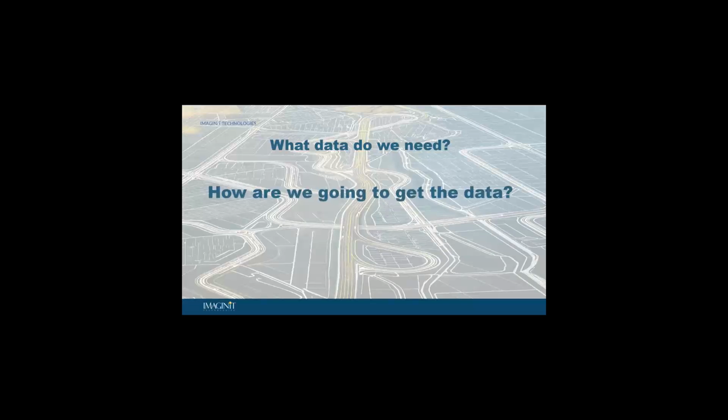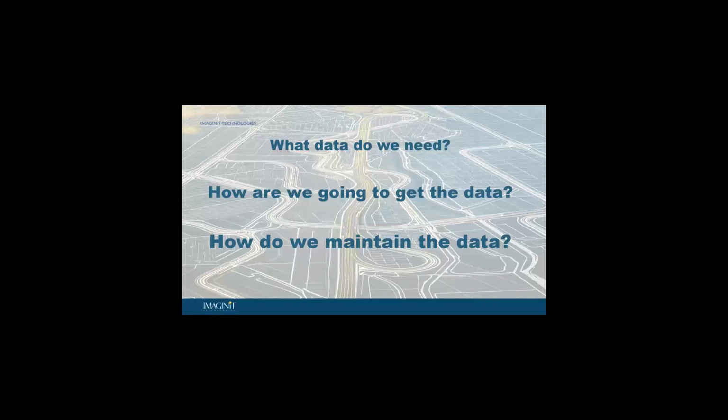Also, how are we going to get all this data? There are so many different sources. How are we going to bring it together? What are our pathways and reasonings for connecting these things? What are the requirements and software that need to work together? And lastly, how do we maintain it?